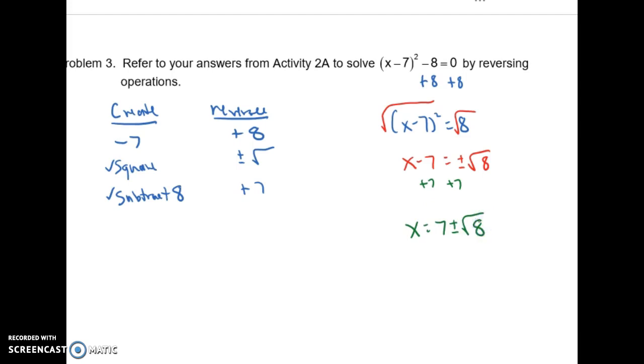Here's where I have to be careful, because the square root of 8 seems like it's okay, but it's actually a radical that we can simplify further. So I'm thinking about 8 and what I can break it down into. And I think I can break that down to a 4 and a 2. So if I did that, I would have the square root of 4 and the square root of 2. The square root of 4 we know better is just 2. So my final answer then is 7 plus or minus 2 root 2.